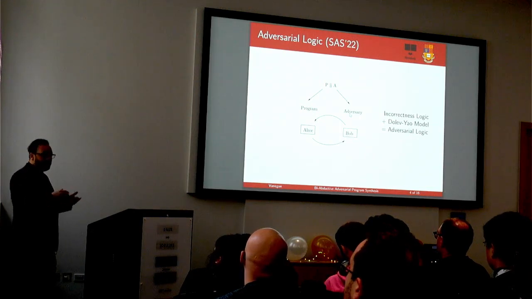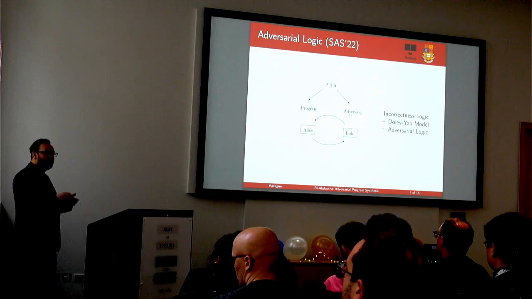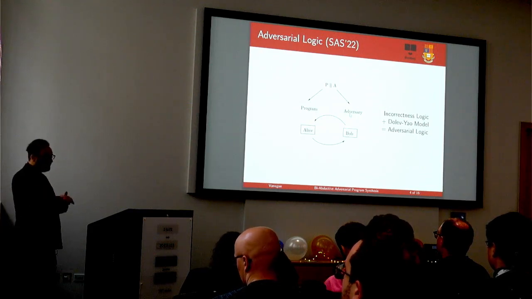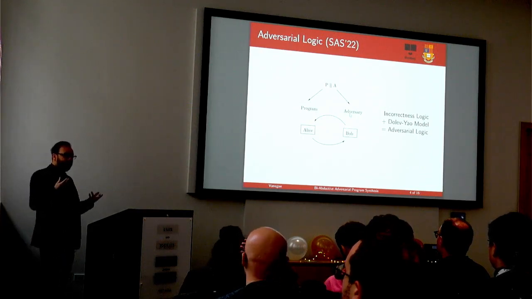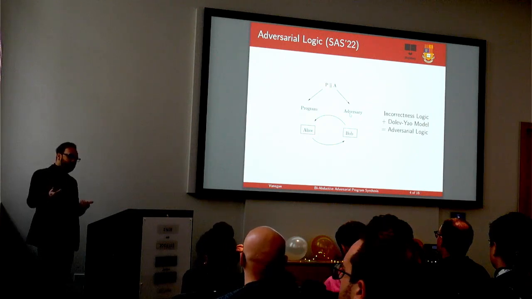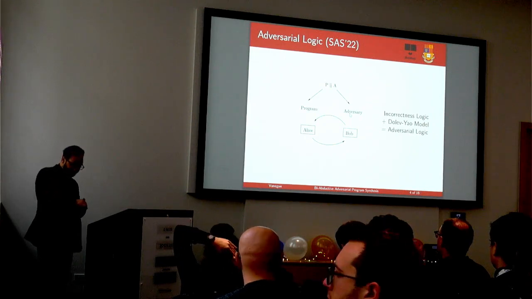Most of you know about the Alice and Bob protocols and all that, and Mallory comes into play. So can we mix up program logic with a model that's typically used for cryptographic protocol verification?